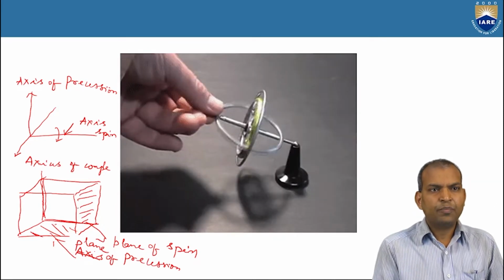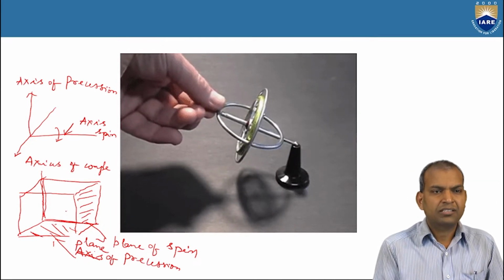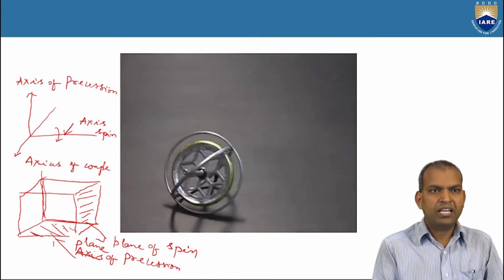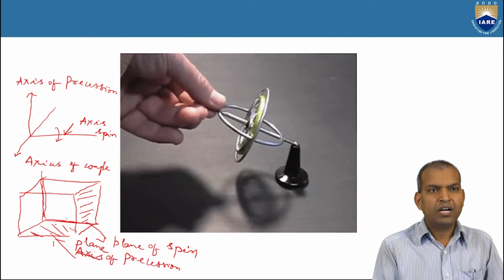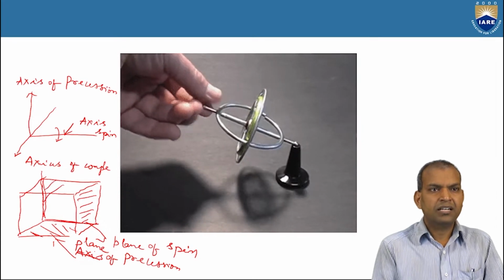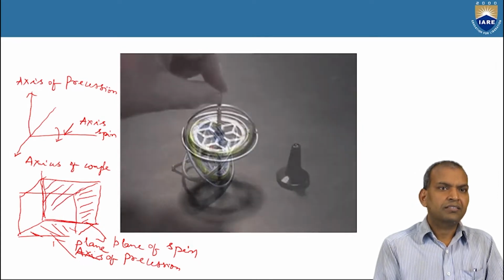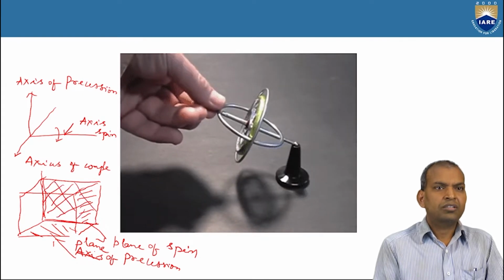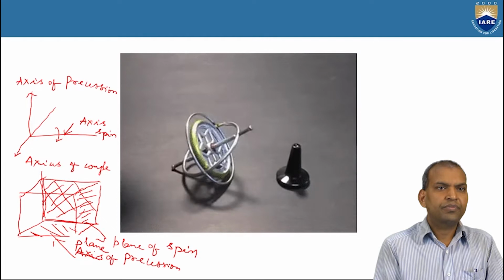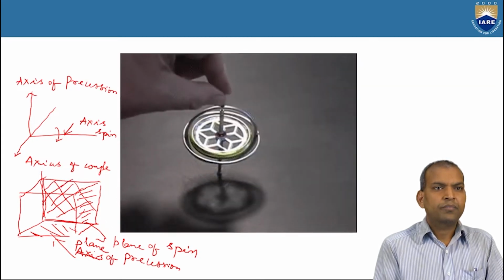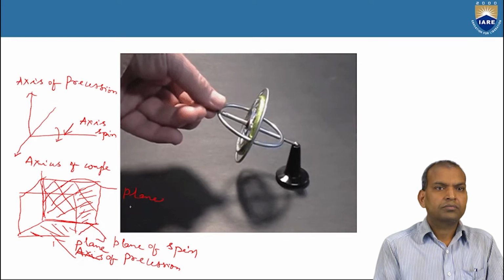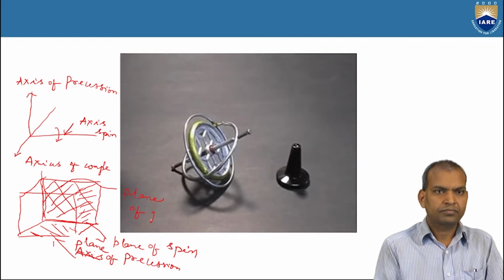There is another plane which acts normal to both the plane of spin and the plane of precession. That plane is called the plane of gyro couple.